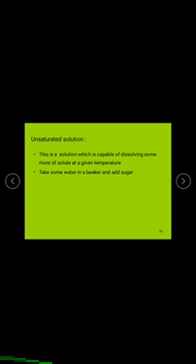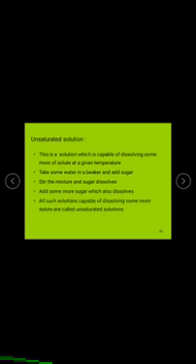Take some water in a beaker and add sugar. Stir the mixture, the sugar dissolves. Add some more sugar and that also dissolves. All such solutions capable of dissolving some more solute are called unsaturated solutions.